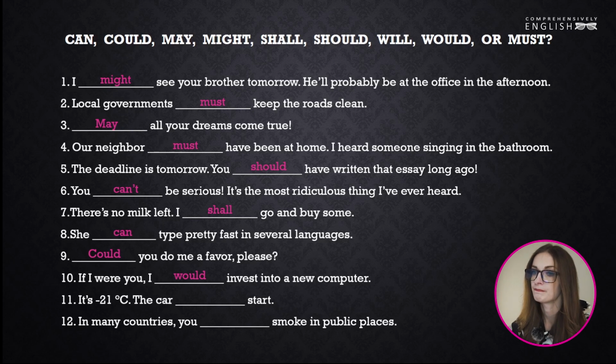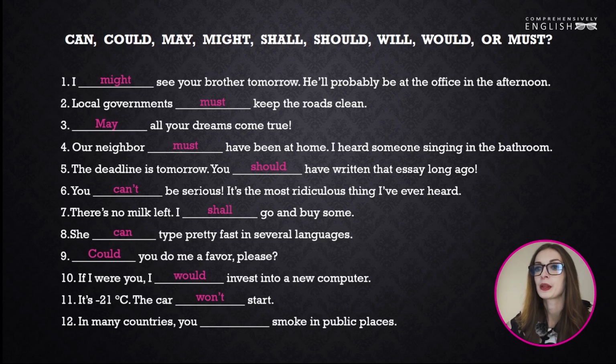The car start. The car won't start. The car doesn't want to start, yeah? So we use will to express somebody's desire or readiness to perform an action or a capability. Here the car is dead. It's not capable of starting, yeah, because it's very cold outside.